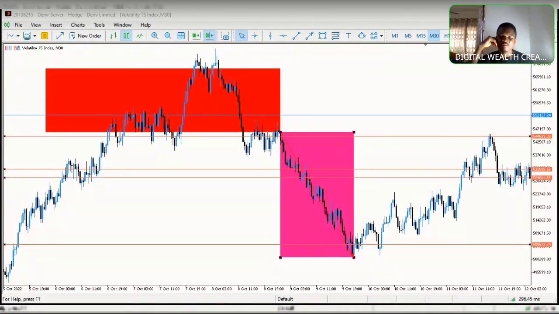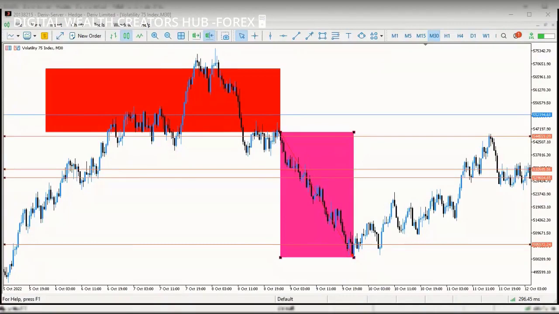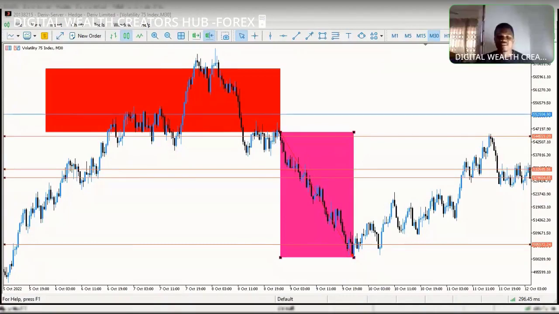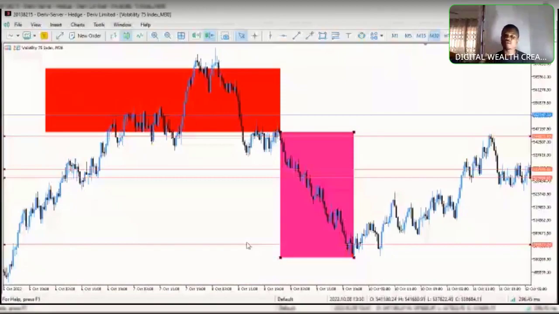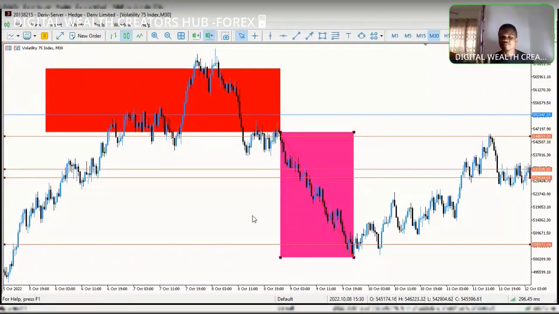My target is to risk a maximum of $15 per trade. Okay, that's not even up to $11. So yeah, it's cool. $10.05. Okay, that's cool. So you could see we were risking only $10, let me put it that way. $10, and our first TP alone is giving us 45.